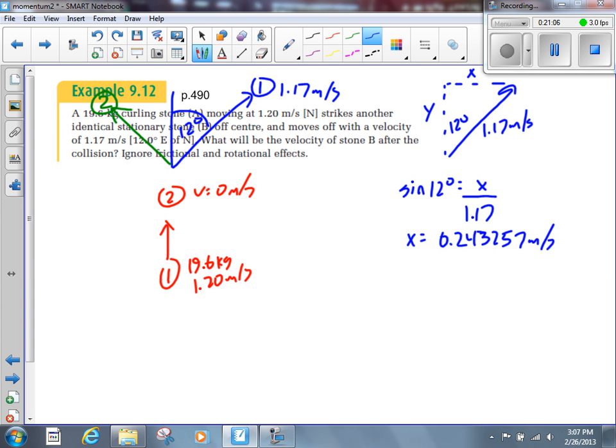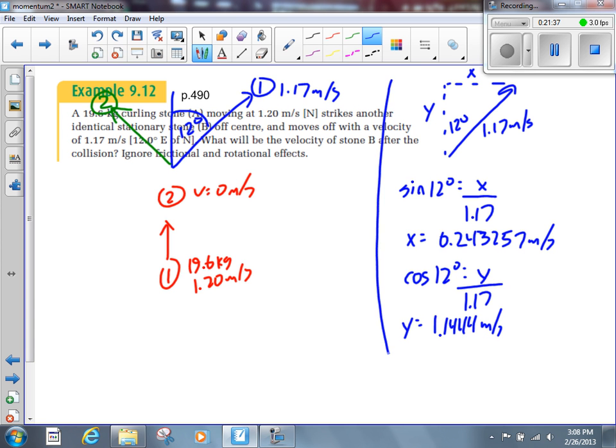The y side is going to be found by the cosine function because it's the adjacent side. So cosine 12 is equal to y over 1.17. Tell me, please, what 1.17 times cosine 12 is. Okay, that's good enough. 4 decimal places is good enough here. So what have I just done with my little aside over here?